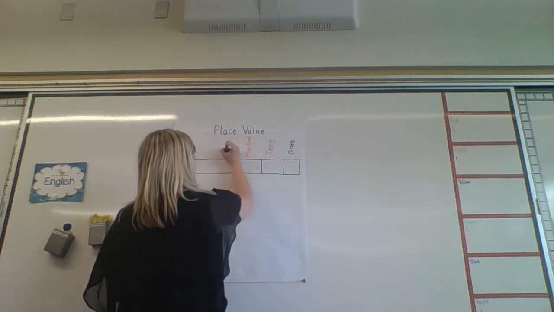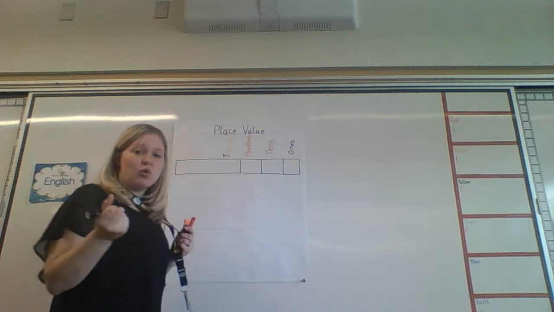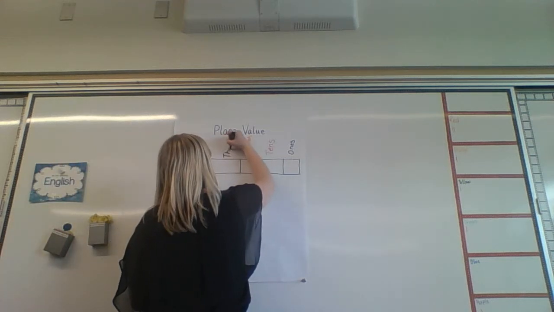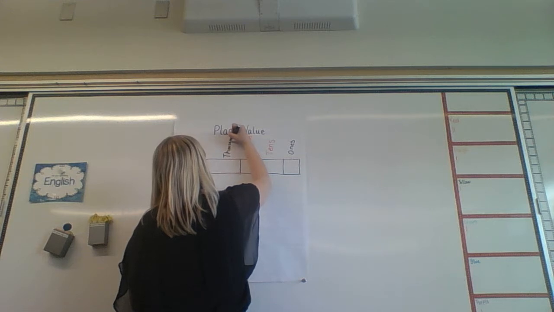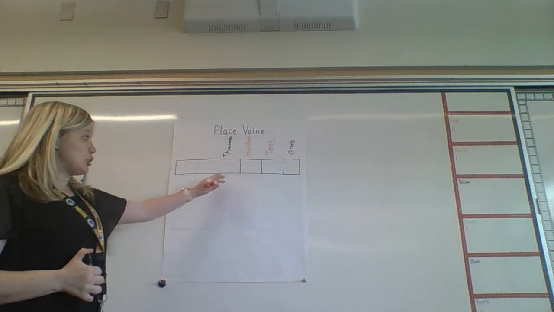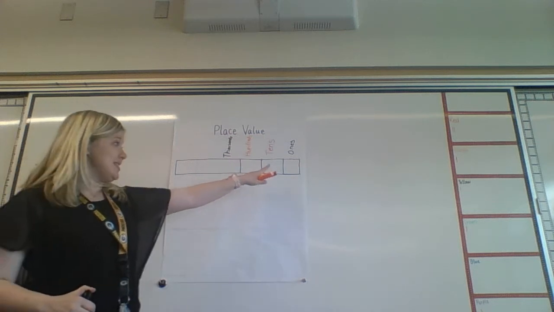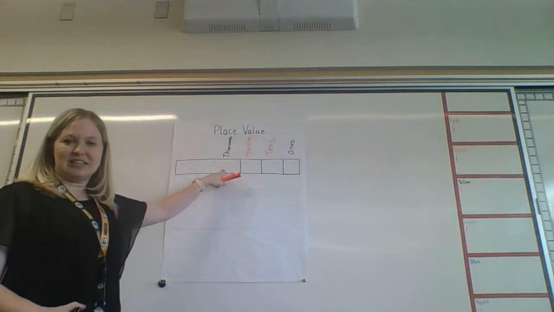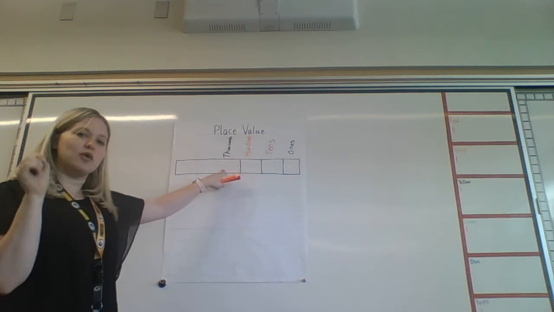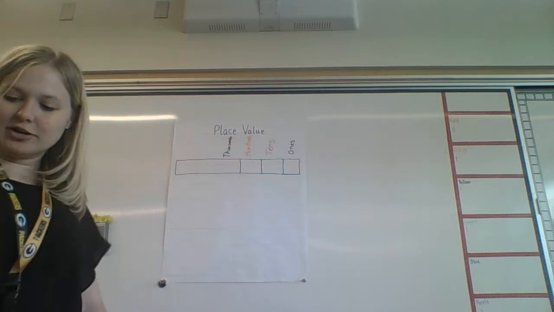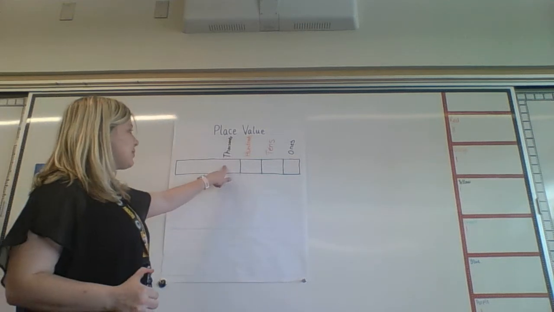Like I said, I can always color over it with a crayon or a highlighter. I can go over it in yellow to help me remember. You guys can do the same thing, because you're going to be making this anchor chart in your notebooks, so make sure you're using these same colors. We use black, red, orange, yellow. If you can't see it that well, you can write it in pencil and then color over it in yellow as a highlighter. After our ones, tens, hundreds, then we have our thousands like we talked about.